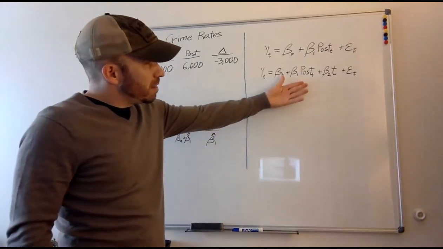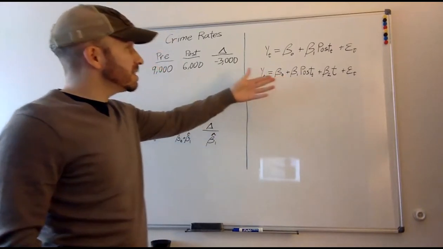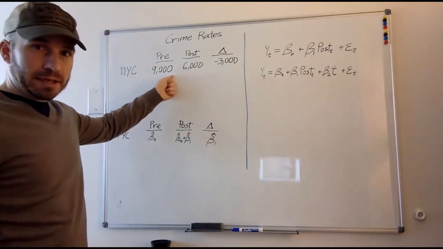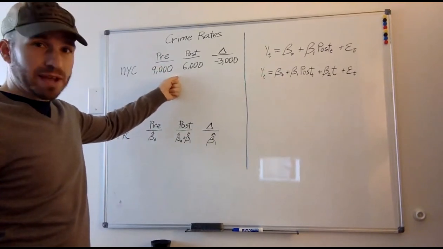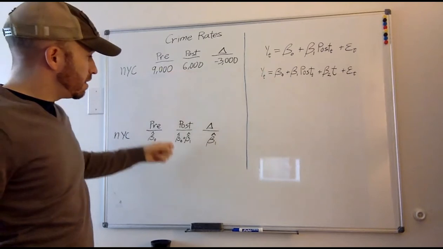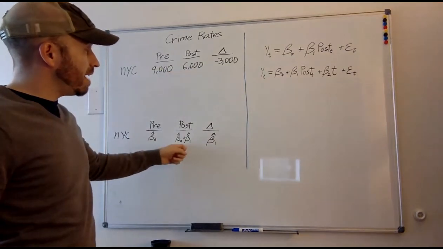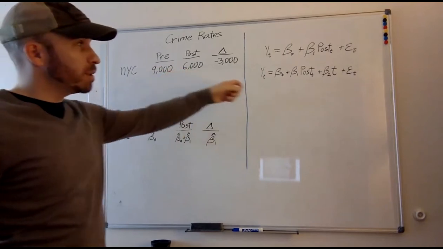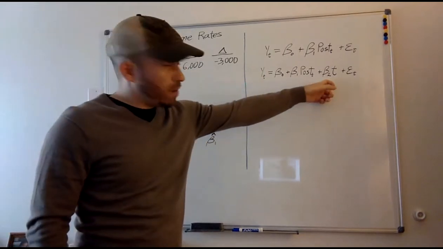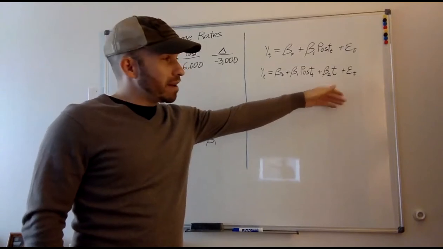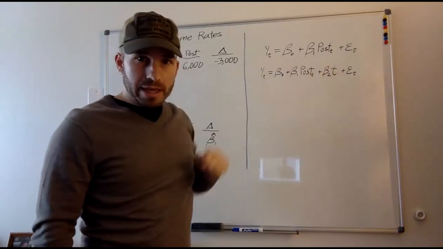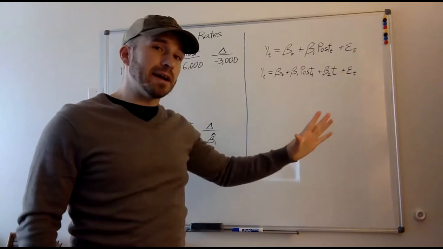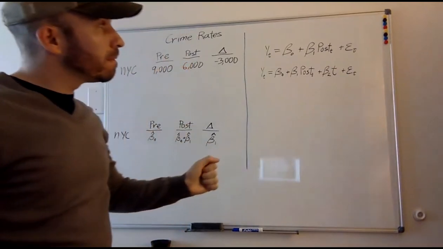Fundamentally, this is still estimating the break in the fitted values, the break in the conditional means between the pre and the post period. It's just now we are accounting for a linear trend in crime rates over the entire period.